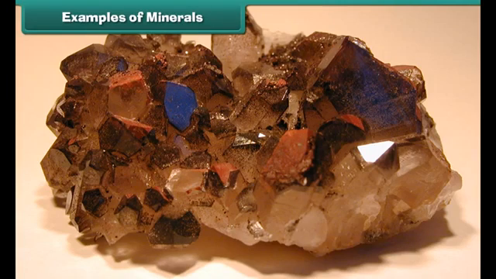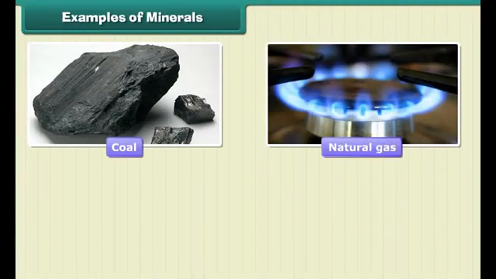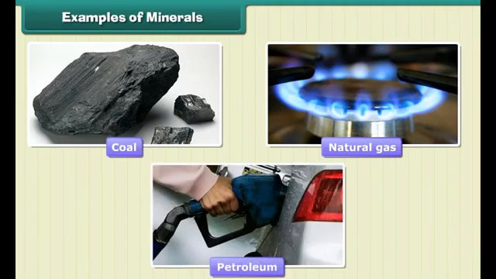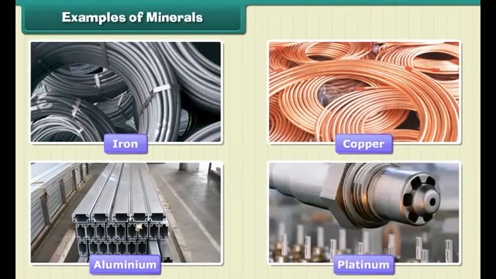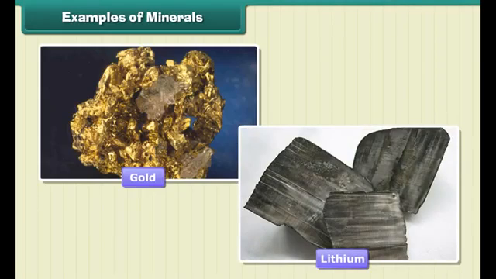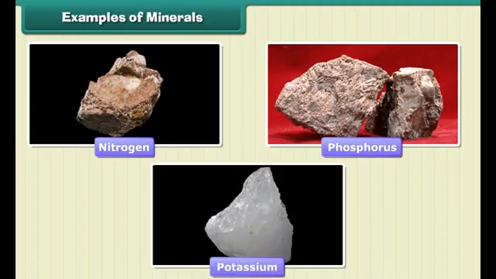There are about 3,000 different minerals in the world, among which diamond is the hardest mineral. Quartz and calcite are two common examples of minerals. Examples of minerals. Minerals are very important to humankind. Some minerals are used as fuels, for example, coal, natural gas, and petroleum.